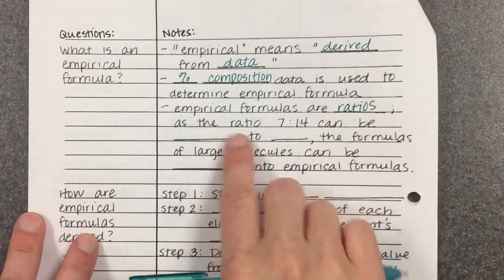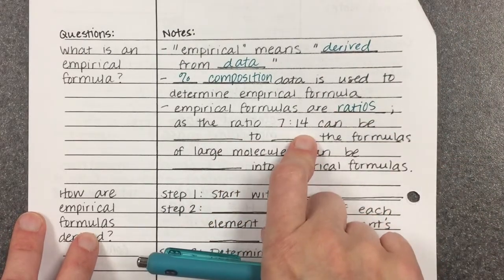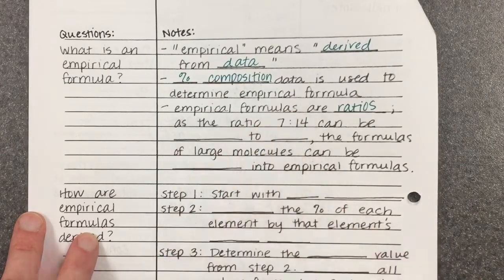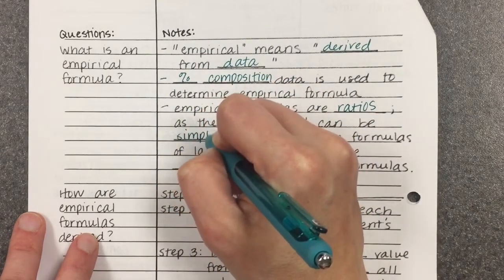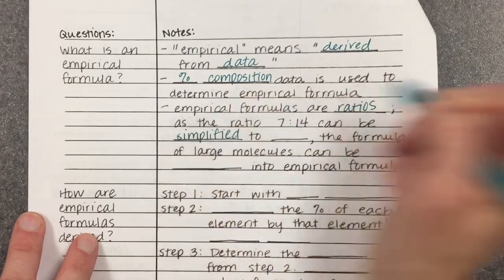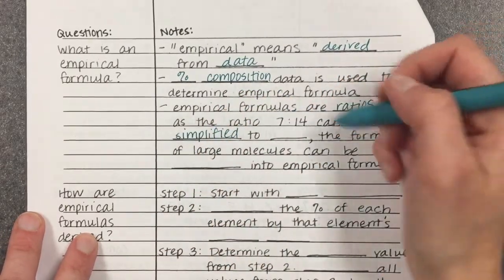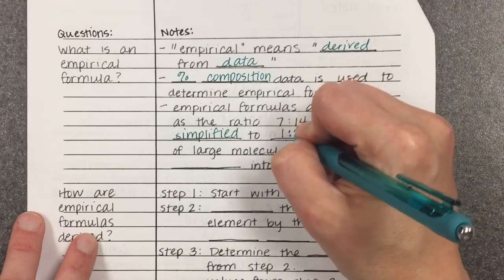Okay, so let's say I ended up with a ratio of 7 to 14. Well, we can simplify that. We can divide both of those numbers by 7. Okay, so we're going to simplify. And if I divide each of those numbers by 7, I get a 1-to-2 ratio. Okay?